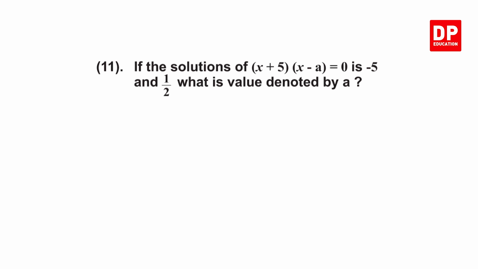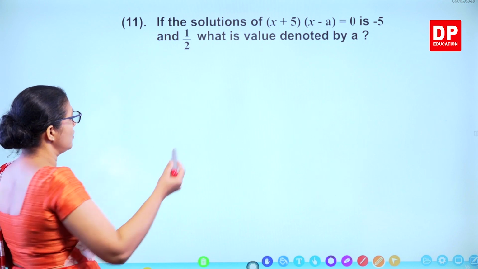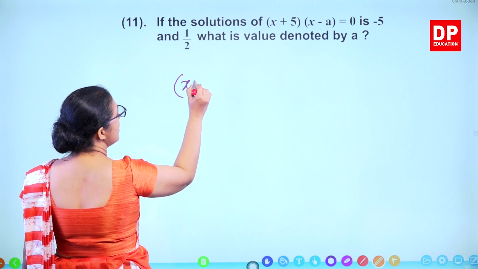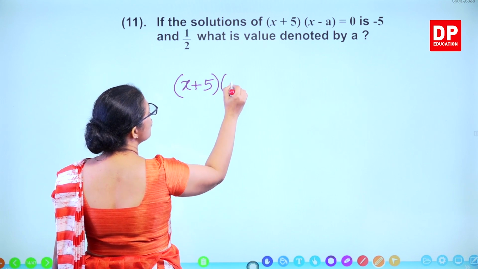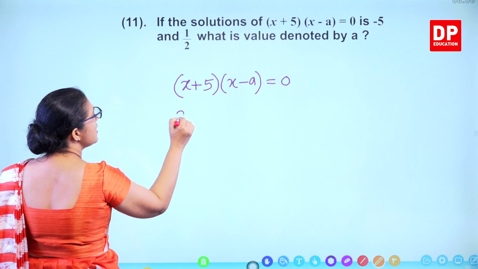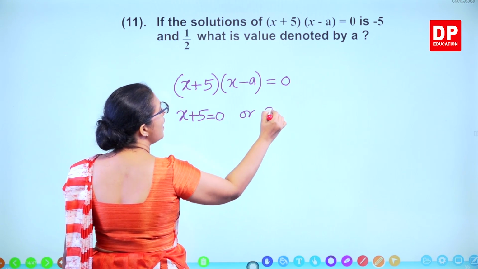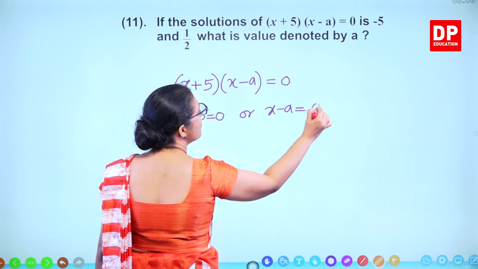Question number 11. If the solutions of (x + 5)(x - a) = 0 are -5 and 1/2, what is the value denoted by a? So if this is the equation, how you solve? The product is 0 means it can be either x + 5 = 0 or x - a = 0.